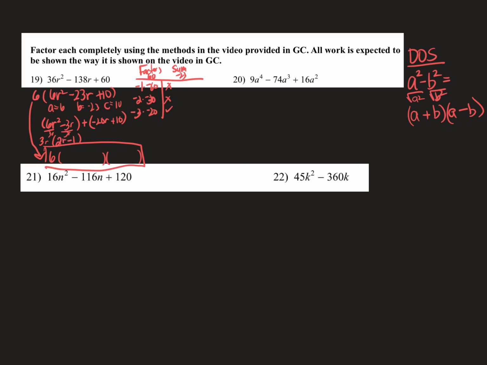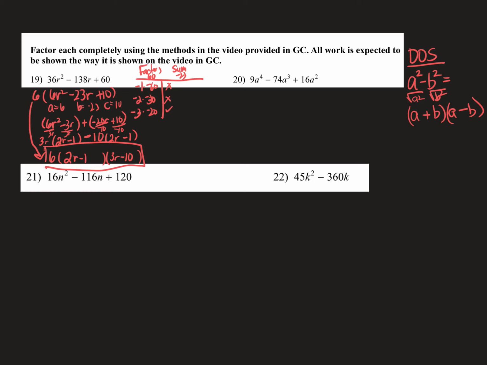The second group has a negative greatest common factor, negative 10. Divide both of these by negative 10, so it'd be 2r minus 1, and it worked. So 6 times the quantity 2r minus 1 times the quantity 3r minus 10. That is number 19 factored completely.